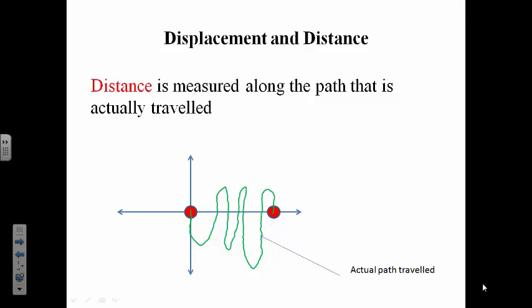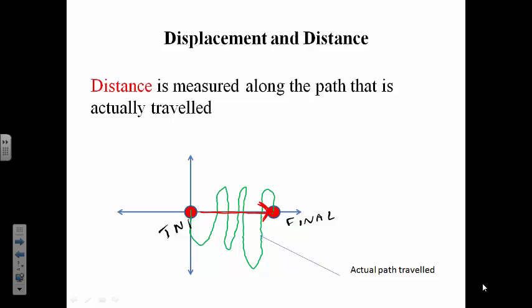The path that the particle took to get from our initial to the final could have been this green squiggle. But what we know is that our displacement is actually something like this red vector and not the squiggle.